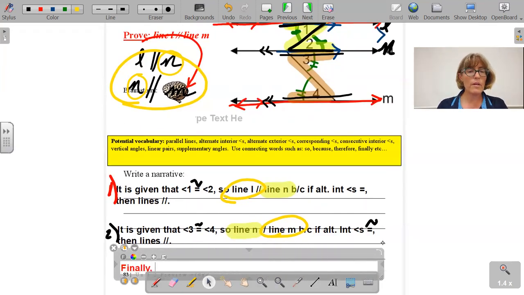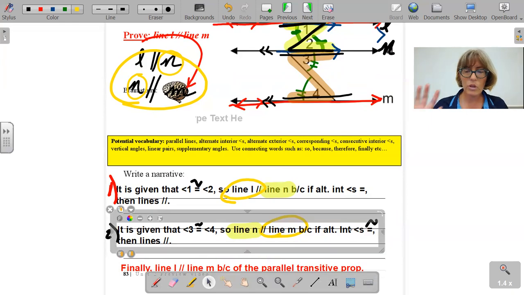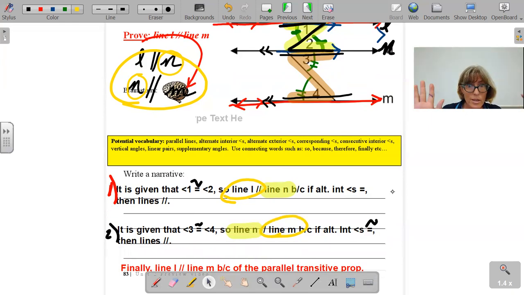Finally, line L is parallel to line M because of the parallel transitive property. Ta-da! You're done. 3 sentences. You've made an explanation.